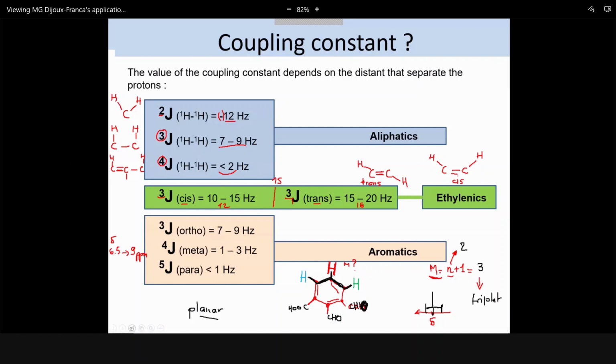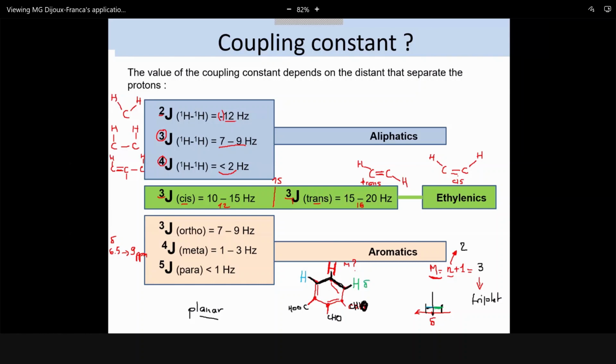That means that the coupling constant with the blue one is equal to the coupling constant to the green one. Because the value of the constant is the same, we have a triplet, even if the protons are not equivalent, because the chemical shifts around are not the same. So the blue one will have its own chemical shift, and the green one also.